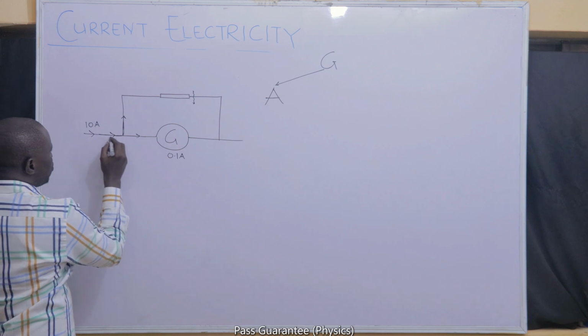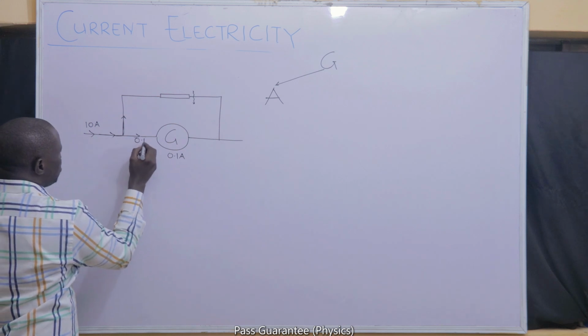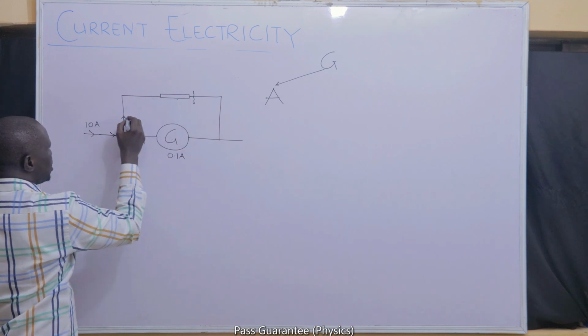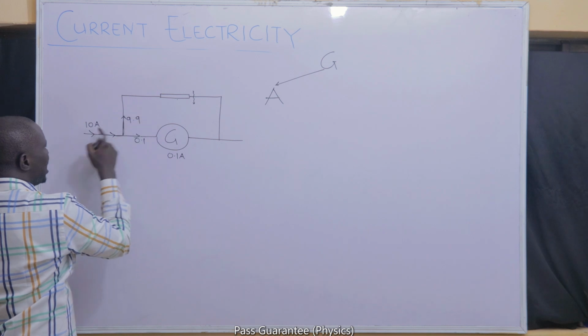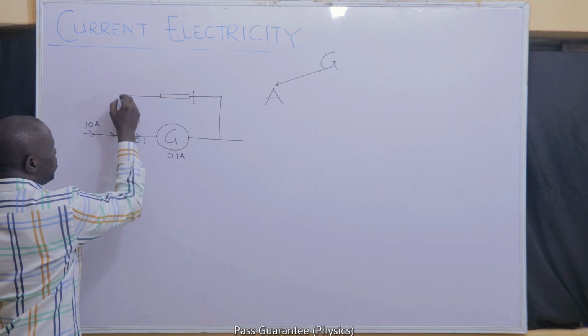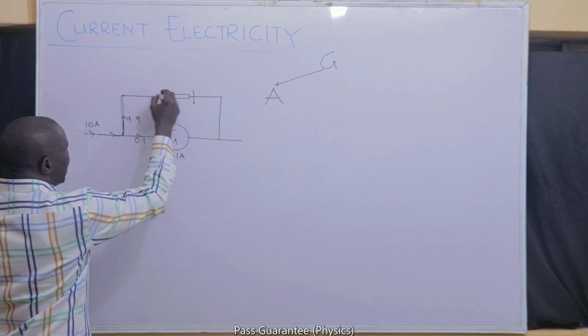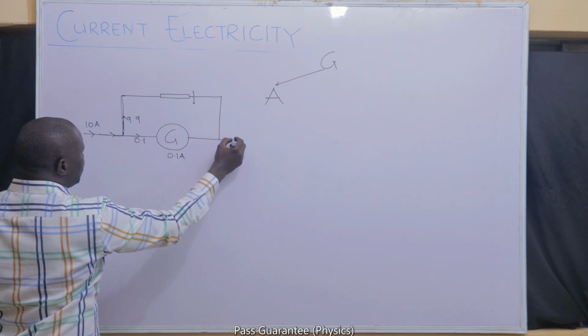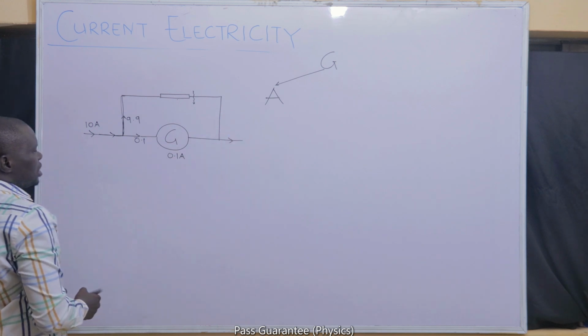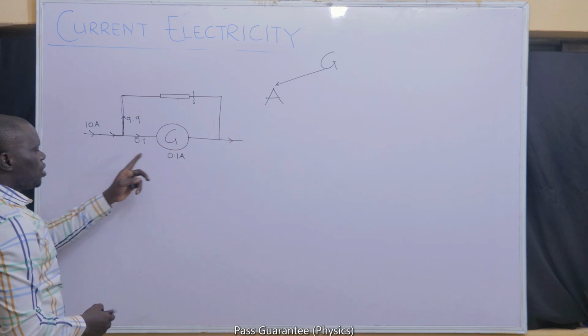So if 0.1 is allowed to pass through, it means this must be such that it will allow the remaining 9.9, that's 10 minus 0.1, to pass through it. And that galvanometer will be safe from the damage that this 10 amperes can cause to it.